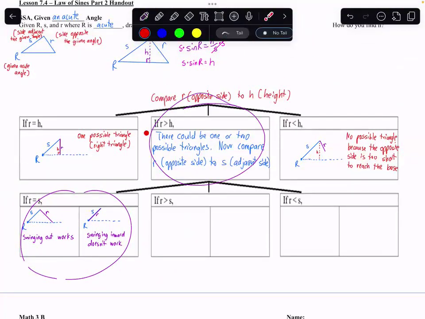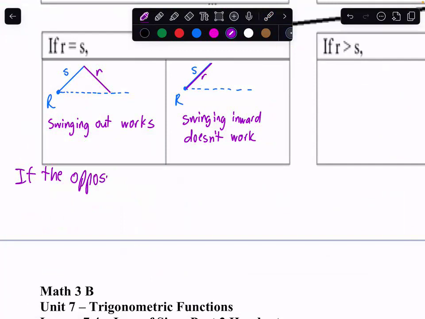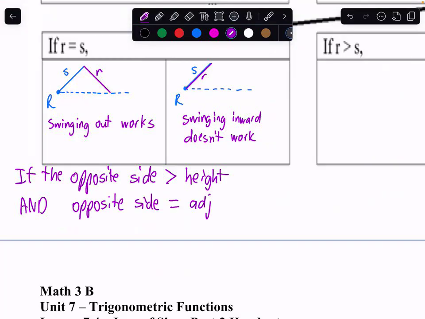R was greater than H, but then R was equal to S. So in words, we'll say if the opposite side is greater than the height and the opposite side is equal to the adjacent side, we show that there's only one possible triangle, right? This way doesn't work.